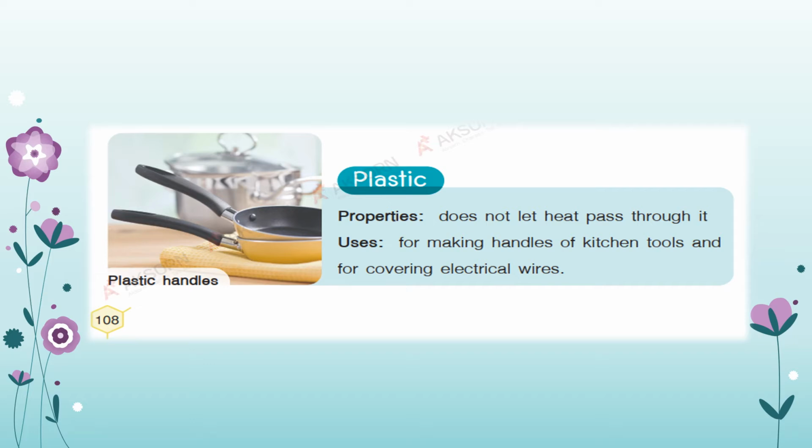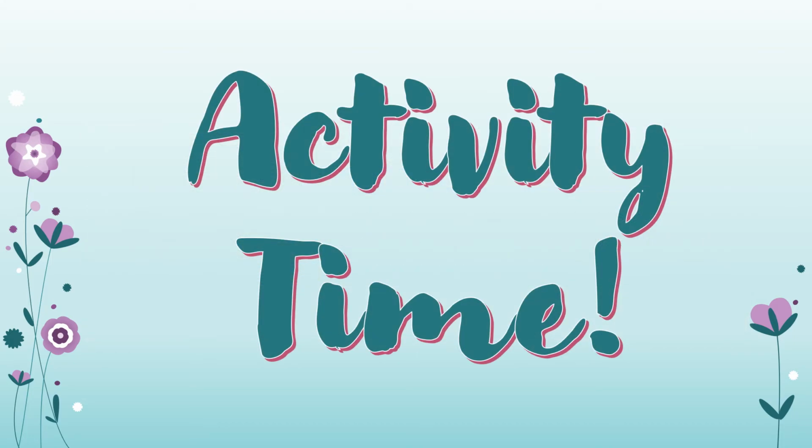The uses of plastic are for making handles for kitchen tools and for covering electrical wires. So plastic is one of the important things you can use every day, right? Yes, very good. If we don't have plastic on kitchen tools, how can you hold them? So, everyone, now please open your book and let's answer your activity.